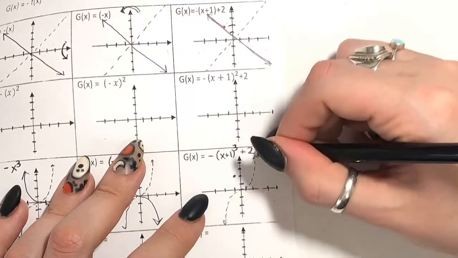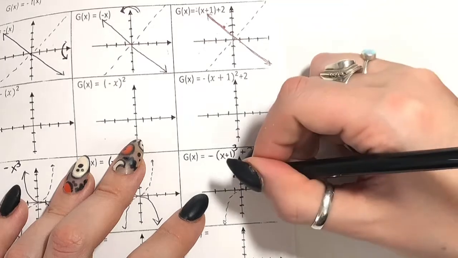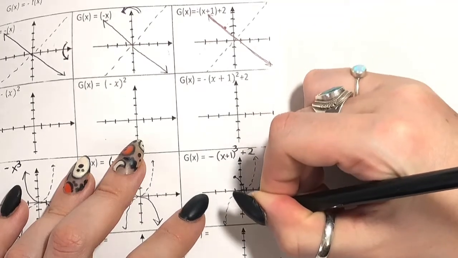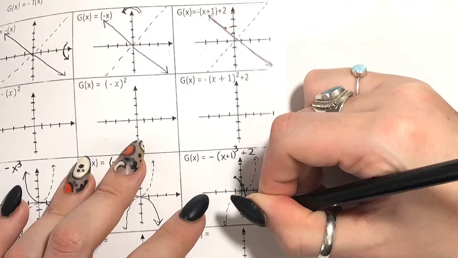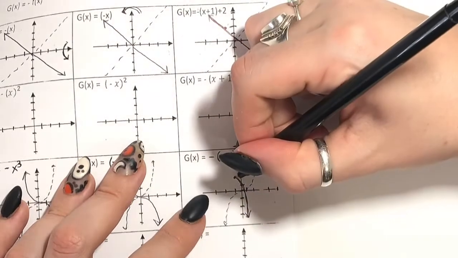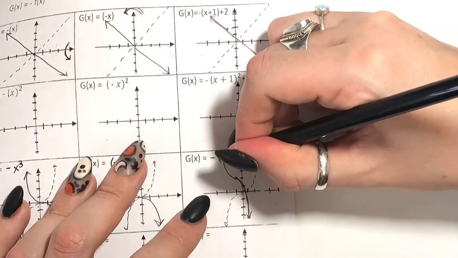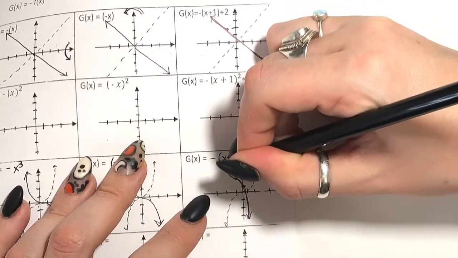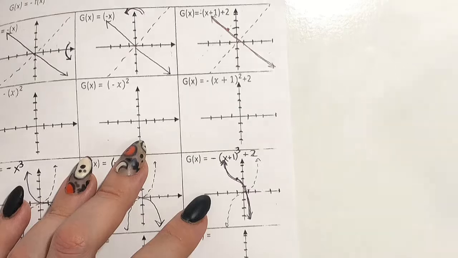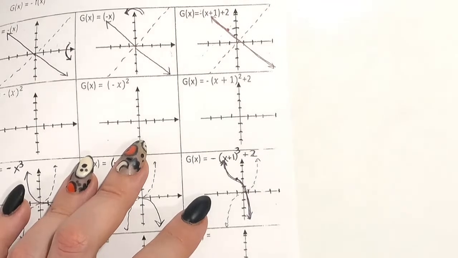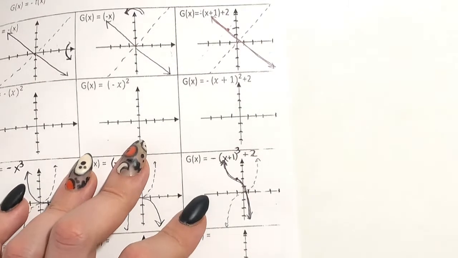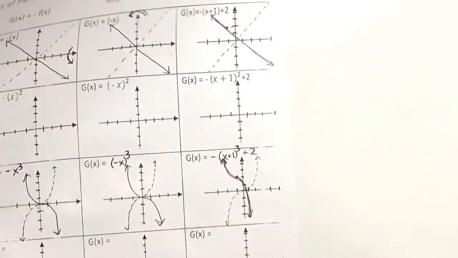So rather than have that top half go up, this top half is now going to go down. I'm not worrying too much about actually getting the points in an accurate spot. We're just kind of doing a rough sketch. And so the bottom half going down is going to go up. So we get kind of this little swirly shape. I didn't do a very good job, but hopefully you guys get the idea. Okay, so that is how you would do an x cubed.